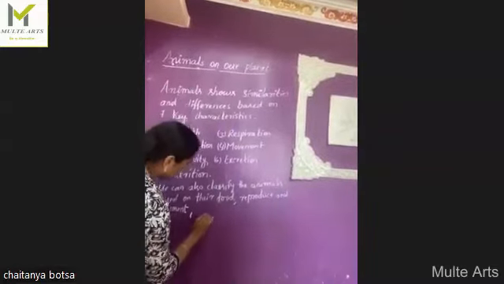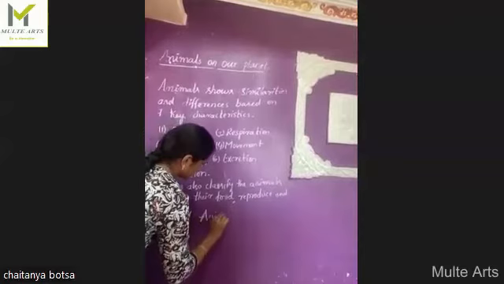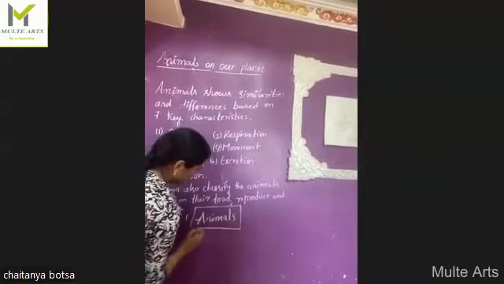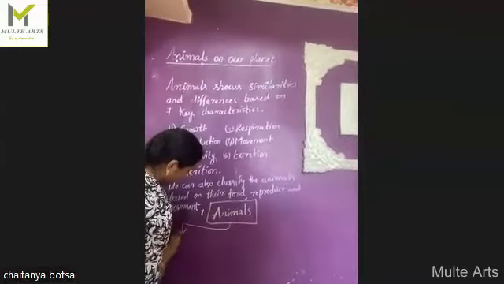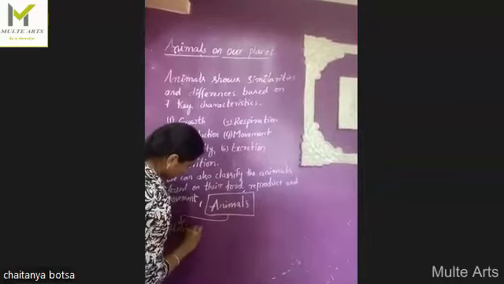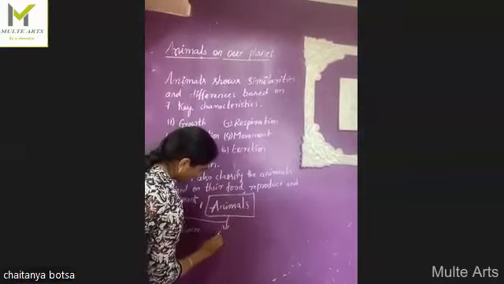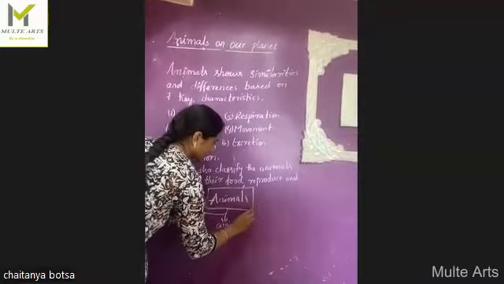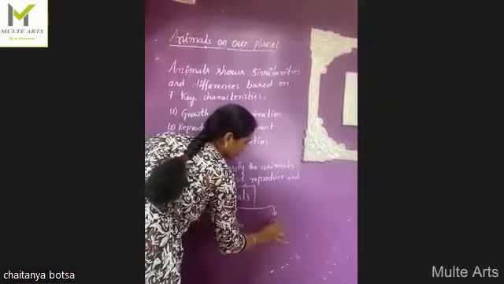For example, animals: herbivore, carnivore, omnivore.